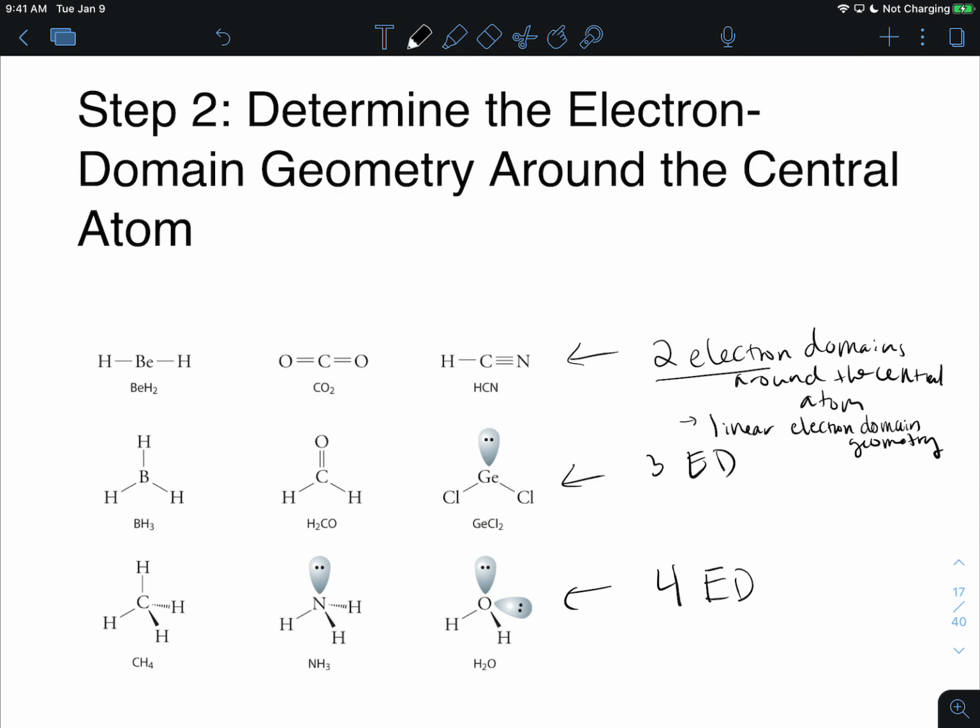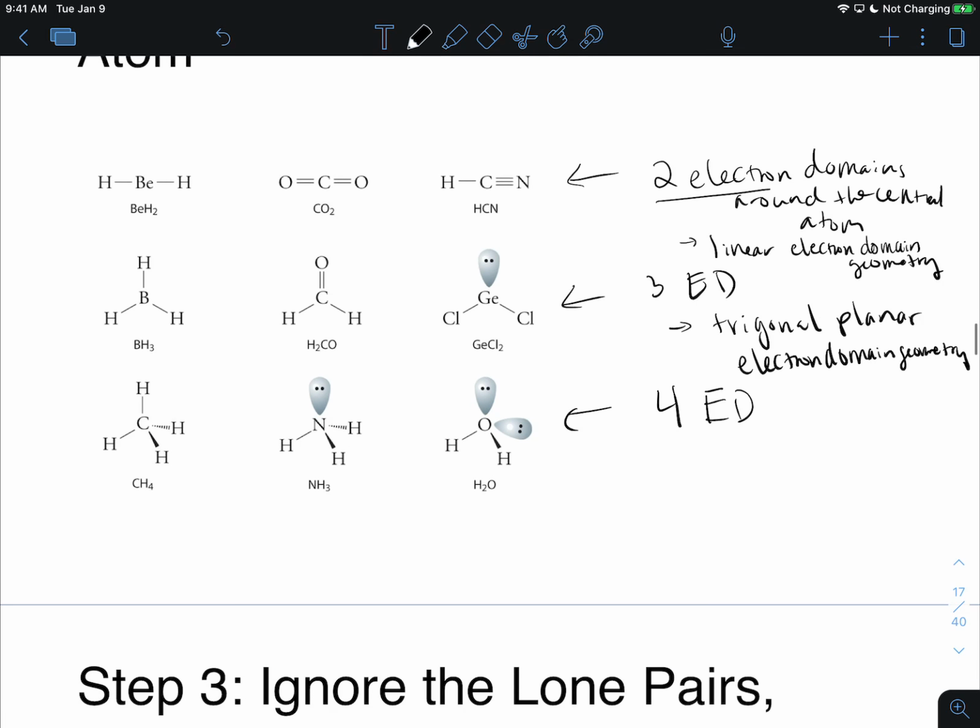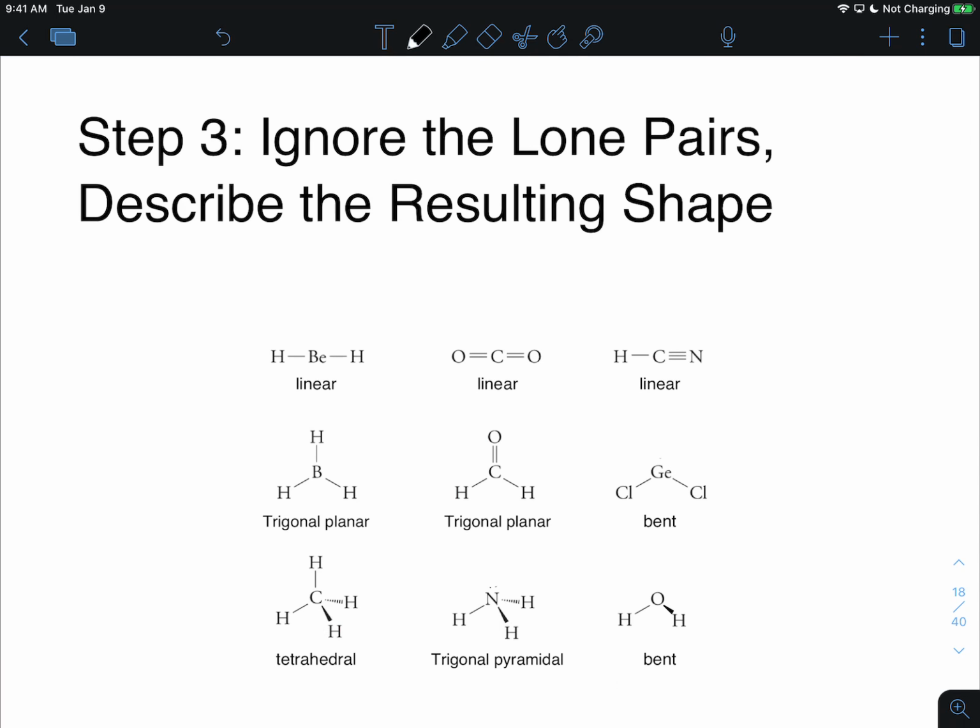In the case of 3 electron domains, we're going to have a trigonal planar electron domain geometry. And then in the case of 4 electron domains, this is going to be a tetrahedral electron domain geometry.